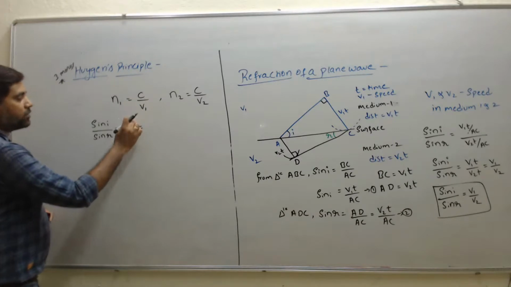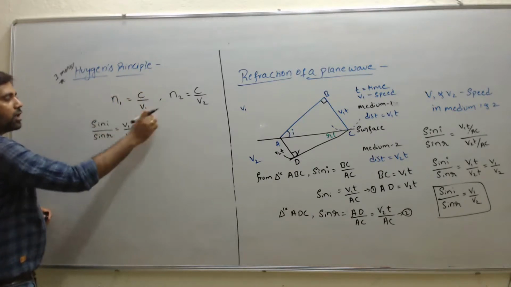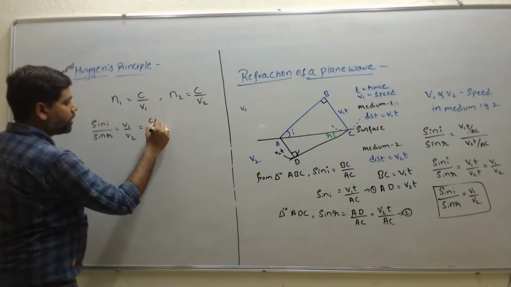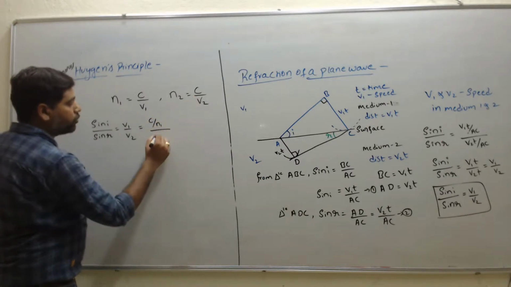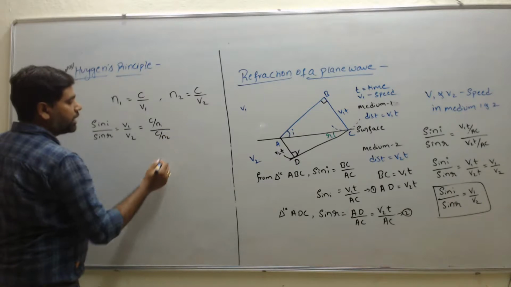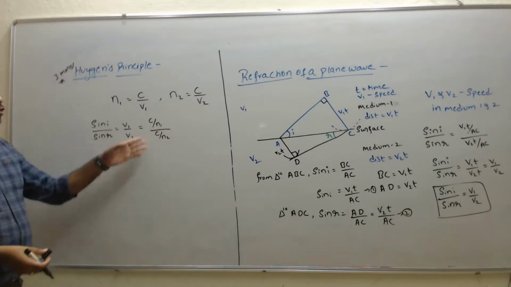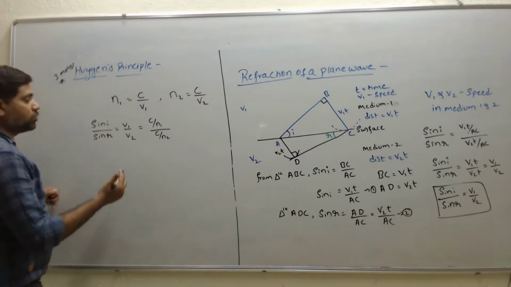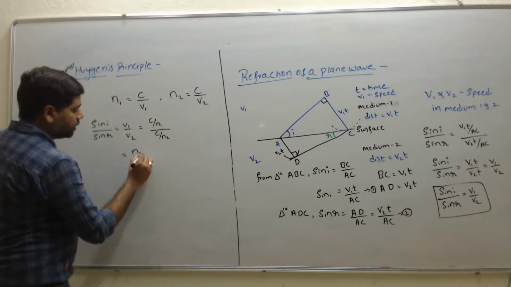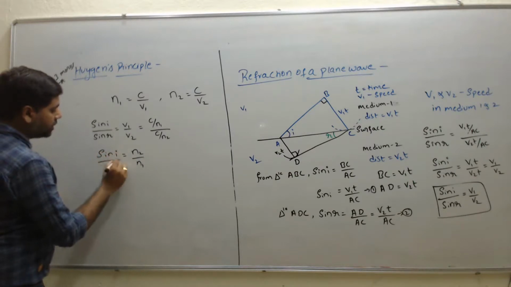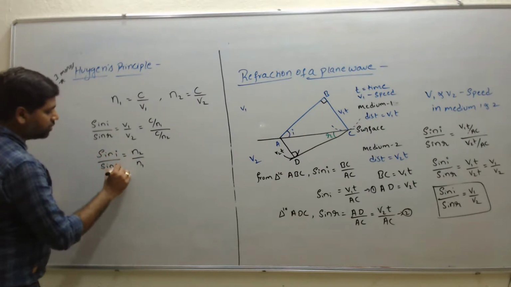If we replace the value of V1 with the refractive index, it becomes C divided by N1. V2 becomes C divided by N2. In the numerator and in the denominator, C is common, then it gets cancelled. So the remaining is N2 divided by N1. That is sin I divided by sin R.